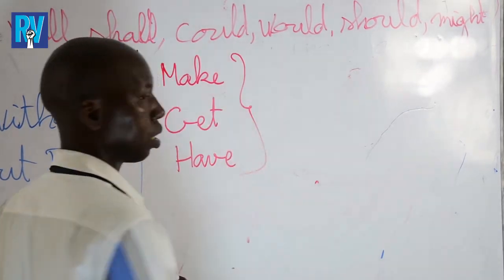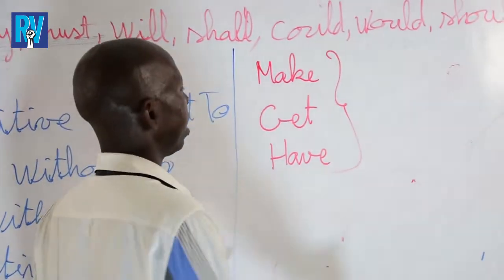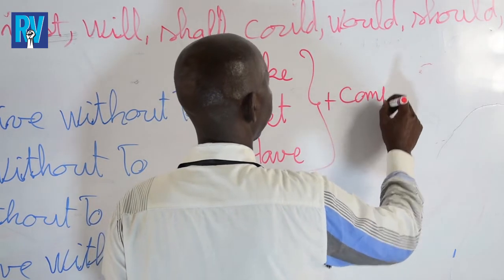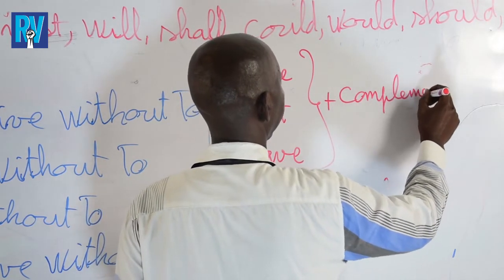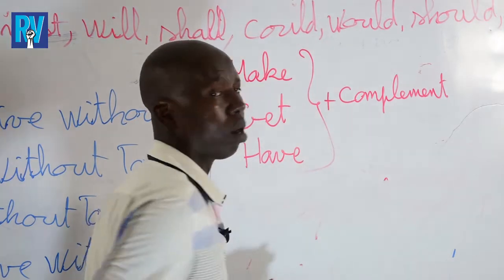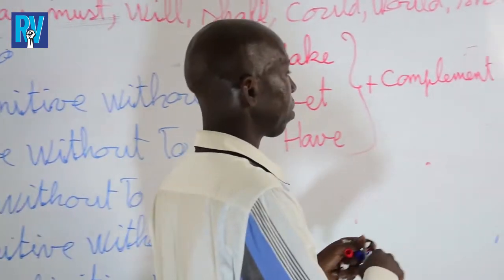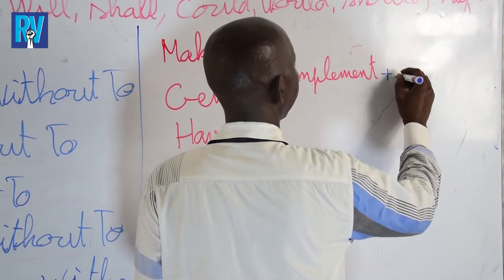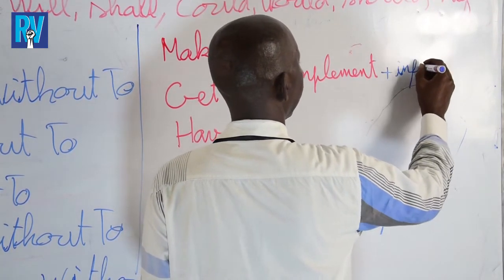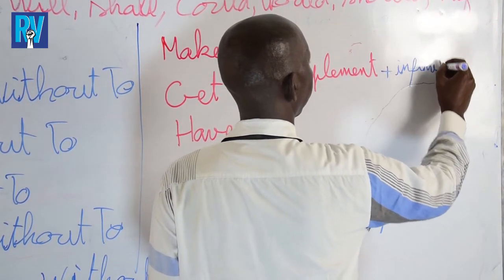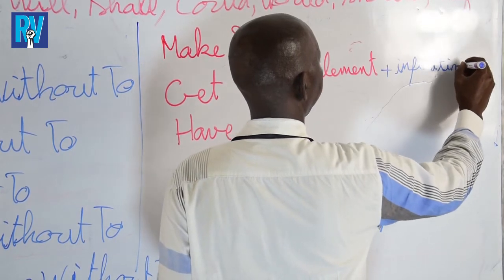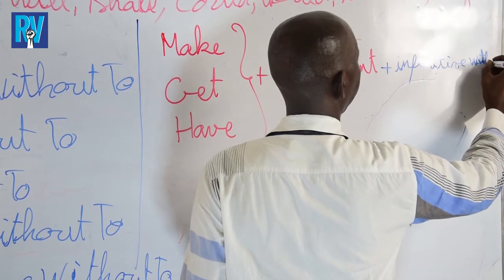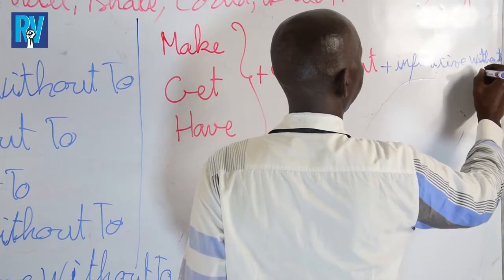These three verbs, c'est trois verbes, whenever they are followed by a complement, quand ils sont suivis d'un complément, okay, le verbe qui suit s'écrit à l'infinitif sans to. Plus infinitive without to. Infinitive sans to.